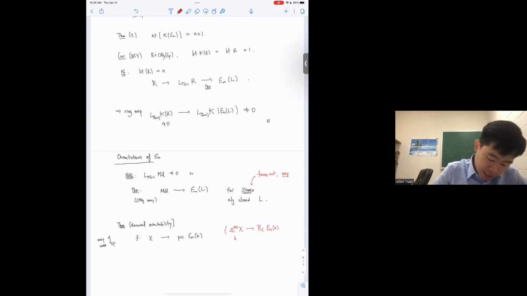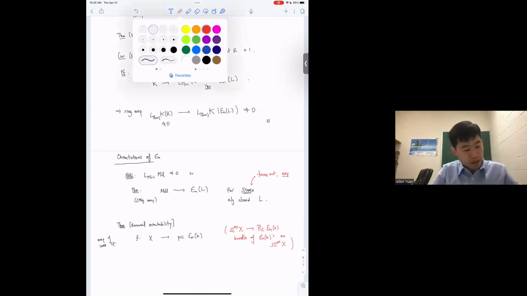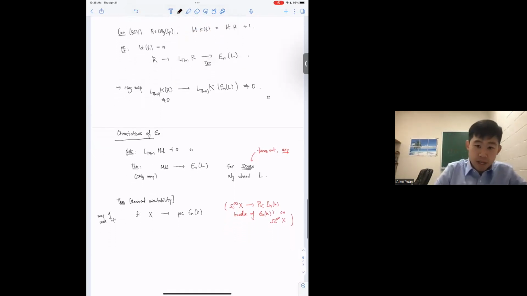So that's like a bundle of invertible En of K modules on loops infinity of X. It's the sort of thing that you can take the Thom spectrum of.